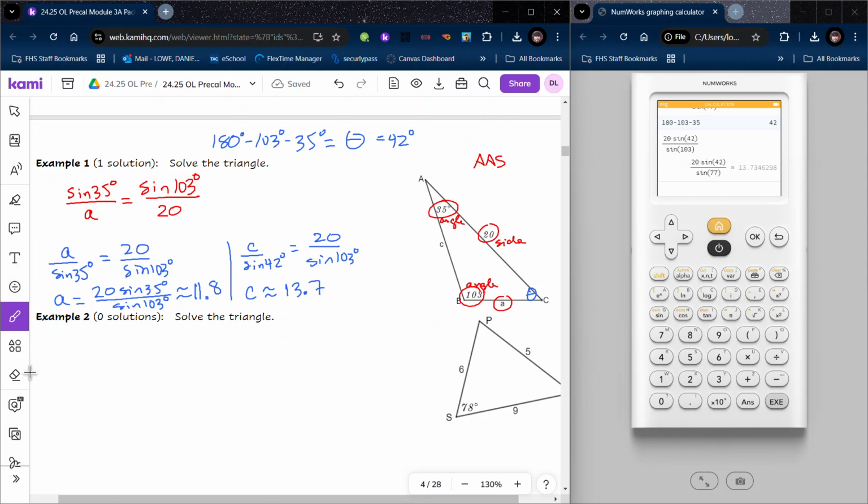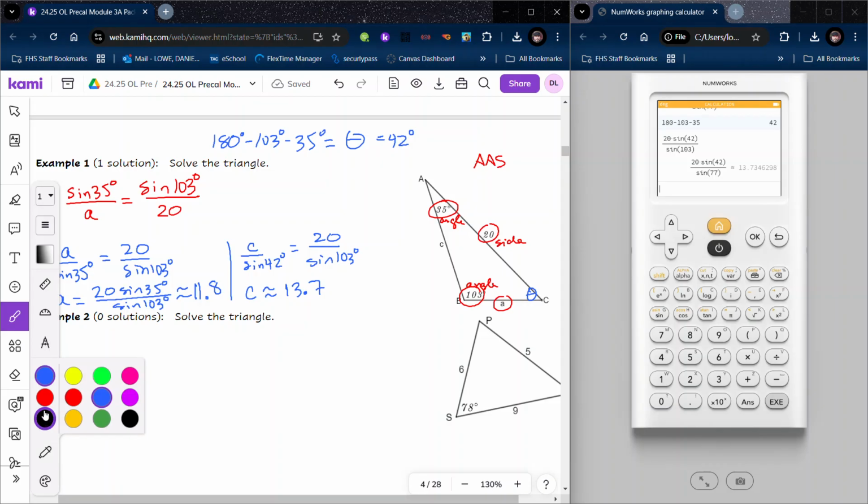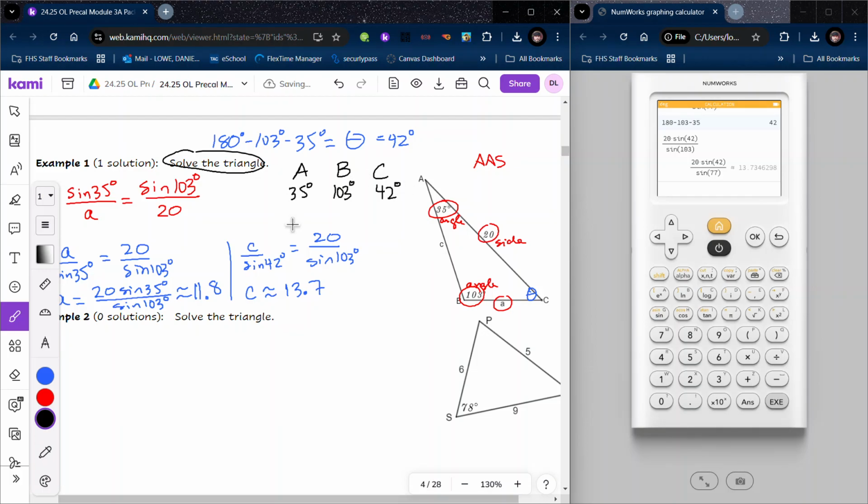So notice that it tells me that I need to solve the triangle. And so angle A, 35 degrees, angle B, 103 degrees, angle C, 42 degrees, side length A, 11.8 units, side length B, 20 units, side length C, 13.7 units.